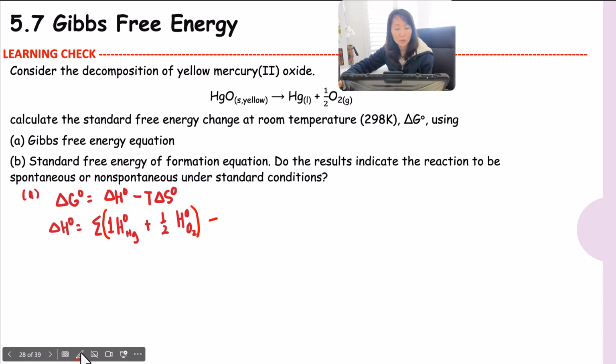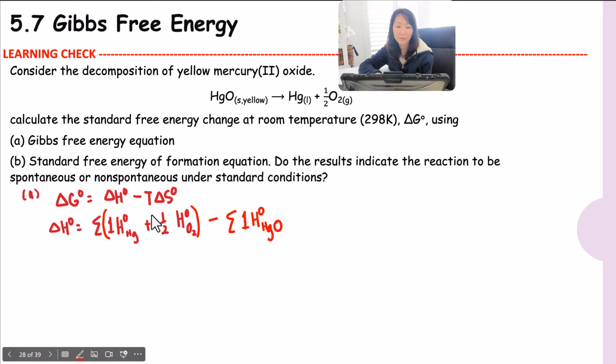And then subtract the reactant side, which is the summation of 1 mole of the H naught for mercury(II) oxide. Okay, so we have these in place.